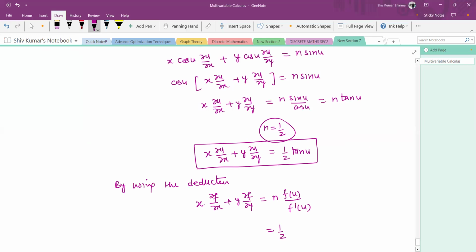We have calculated n as 1/2. We consider f(u) as sin u, and the differentiation of f(u) is cos u. So this gives us (1/2) tan u. So here we solved by using the deduction.